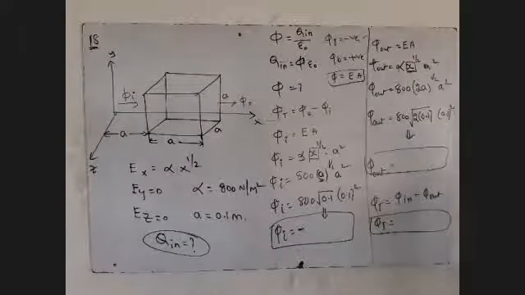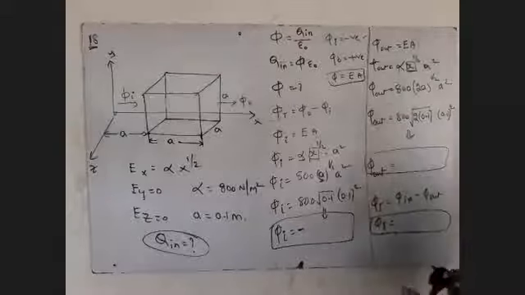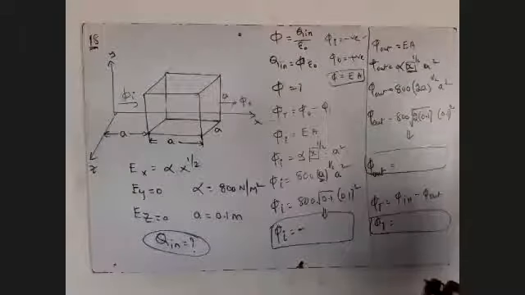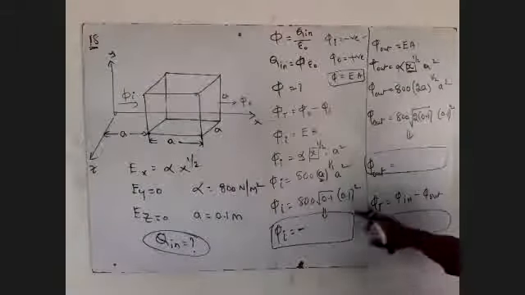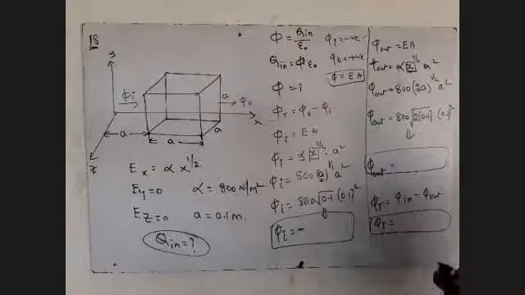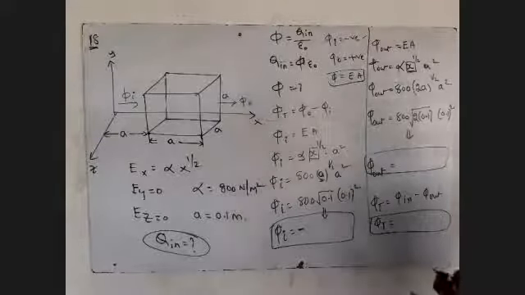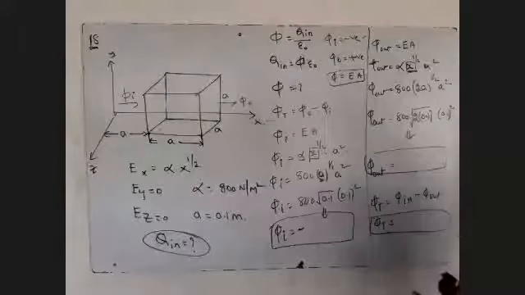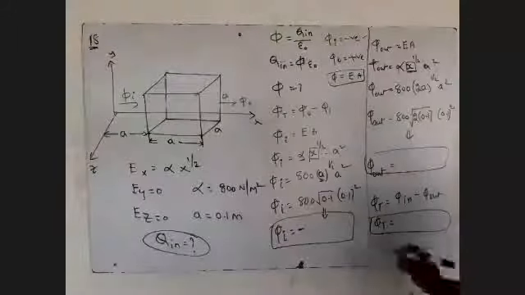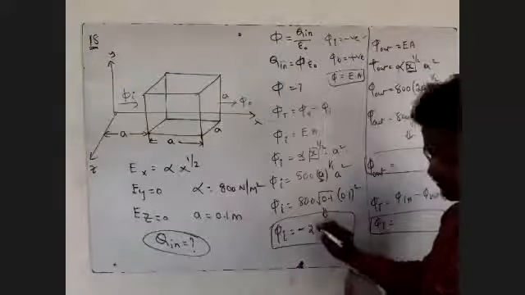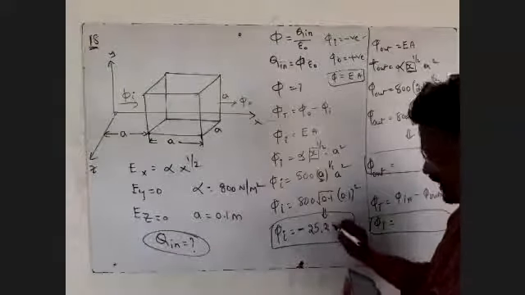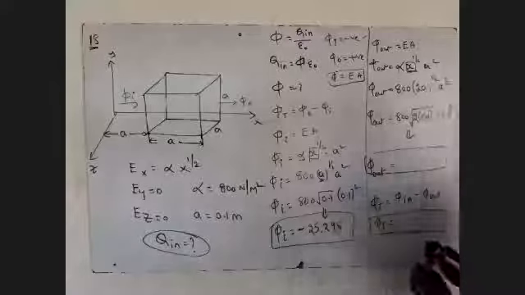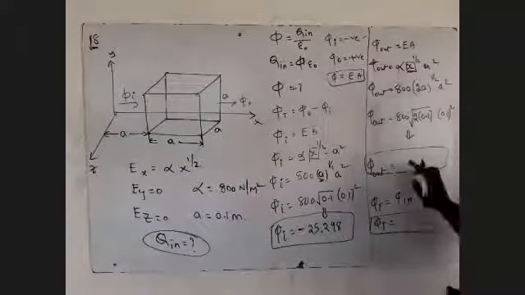So finally we calculate. Phi in is 800 root 0.1 into 0.1 into 0.1, and that value is 25.298.